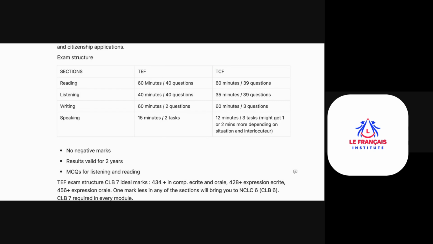You would have to ask around 10 to 12 pertinent, clear questions to somebody who is on the other end of a call. The second task in TEF would be a little longer. Here you would have to argue with a friend and try to convince them about something.